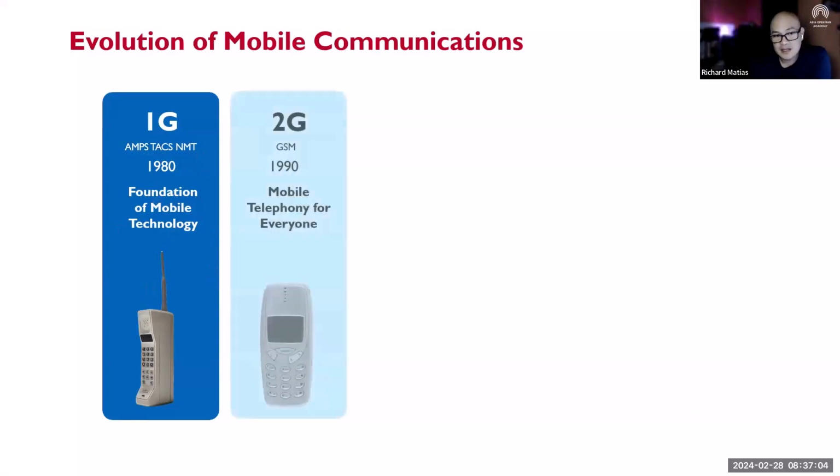technology. And then 2G came in 1990. This is the digital type of cellular technology where mobile telephony was, we can say, democratized. Everybody can have their mobile phone because it's cheaper compared to a typical 1G phone, which only the rich could buy.